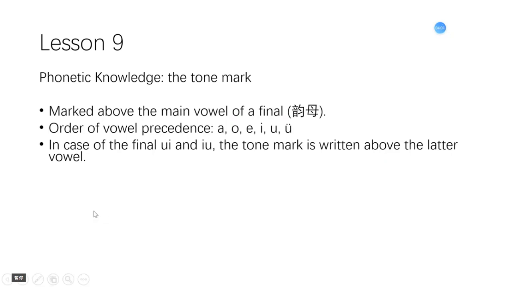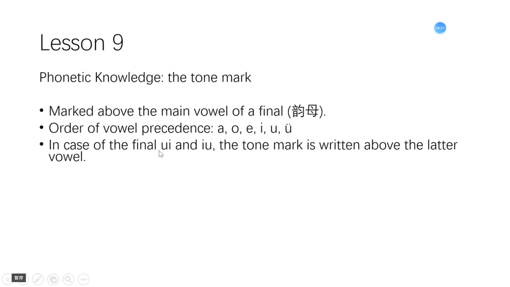Okay, and there is a special point. In the case of the finals ui and iu, there's both i and u, and the tone mark is always written above the latter vowel. So this is a special point, and you can see this is an exception.